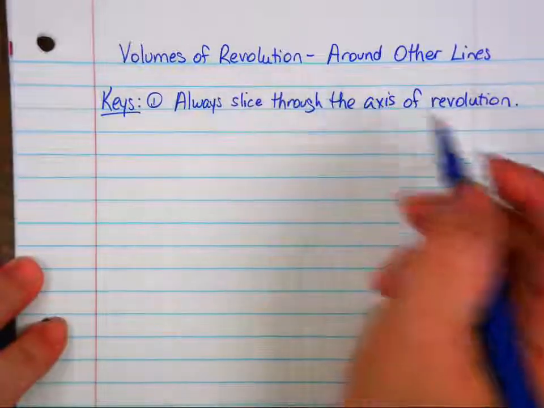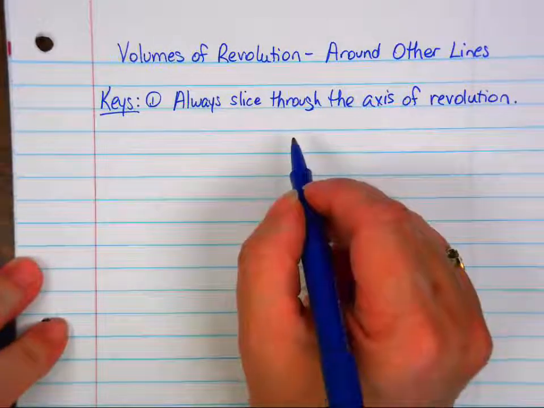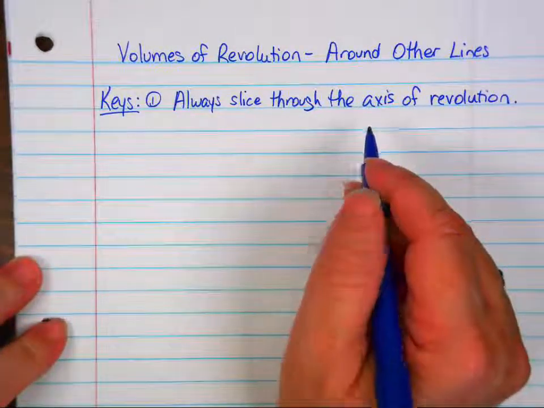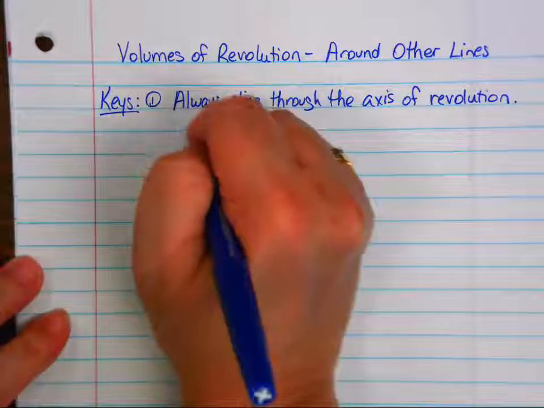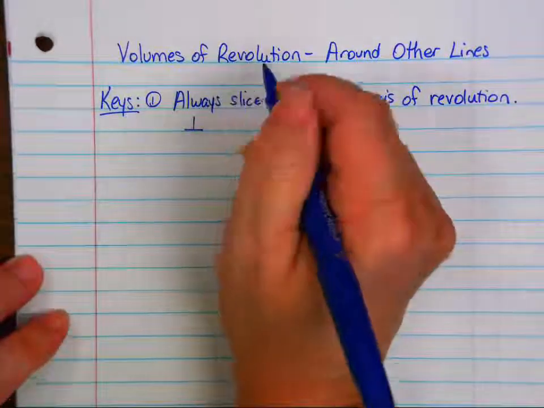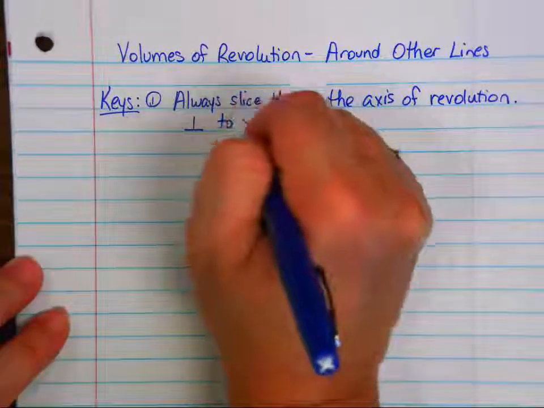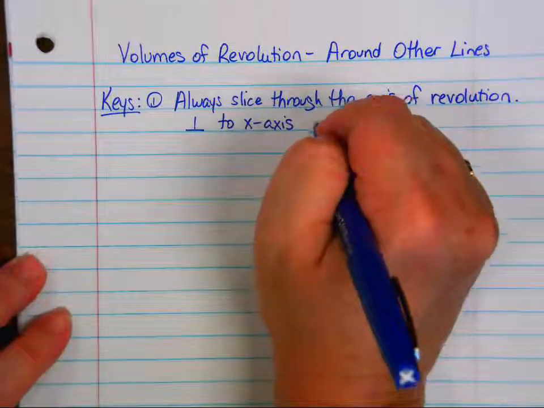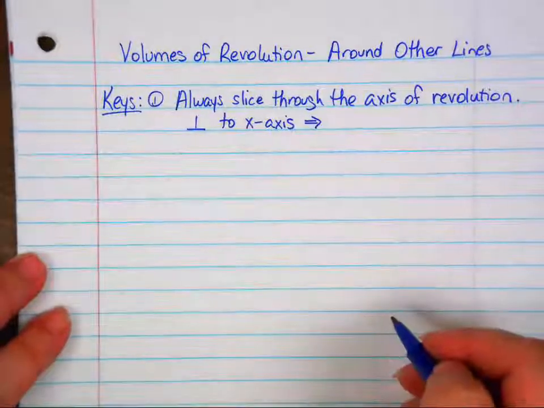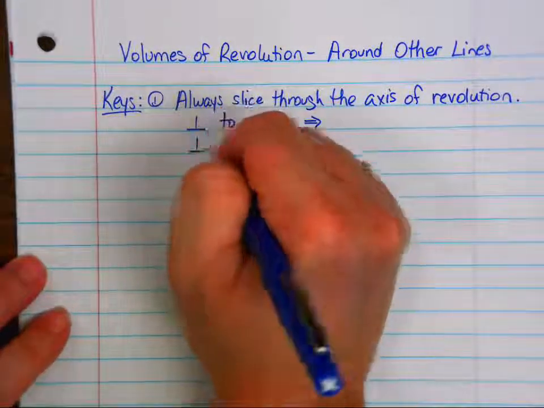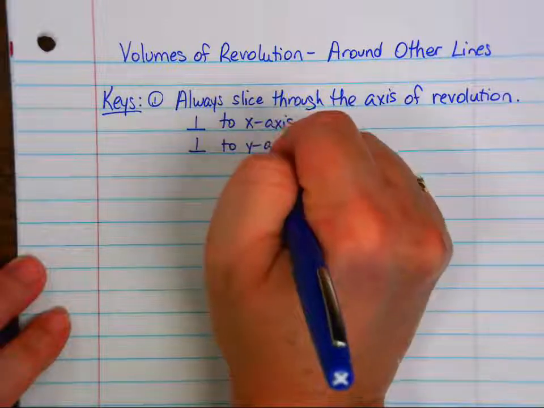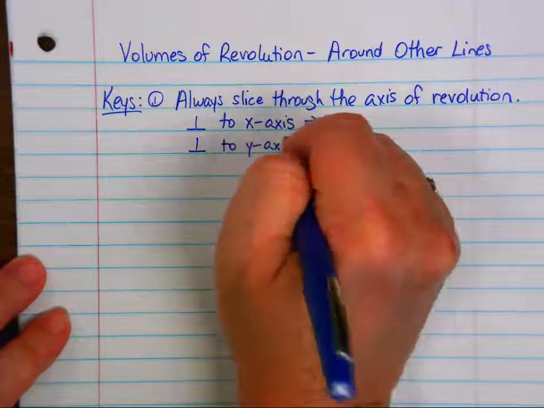Now, there were some keys from that line to know whether it was a dx or a dy problem, and I want to write that down next. If you are slicing perpendicular to the x-axis, it is one way, and if you're slicing perpendicular to the y-axis, it is another.